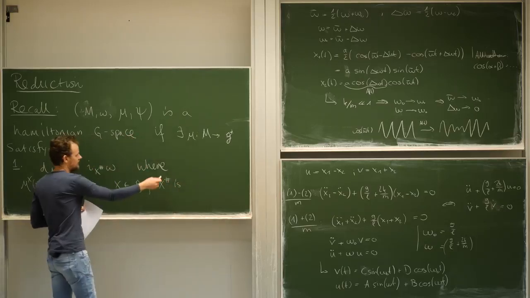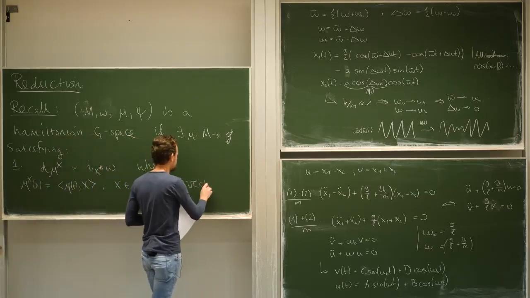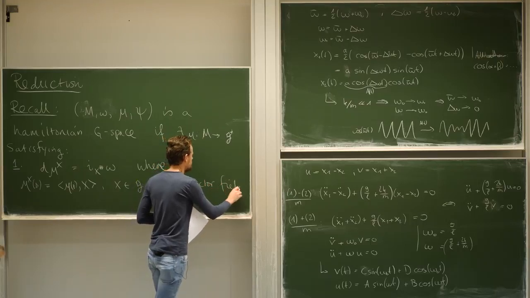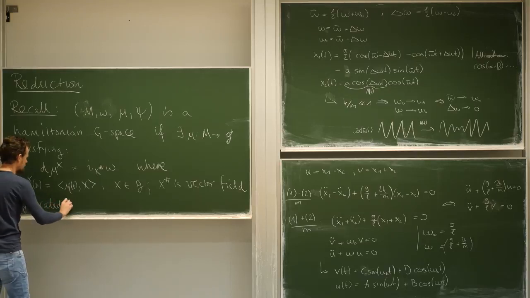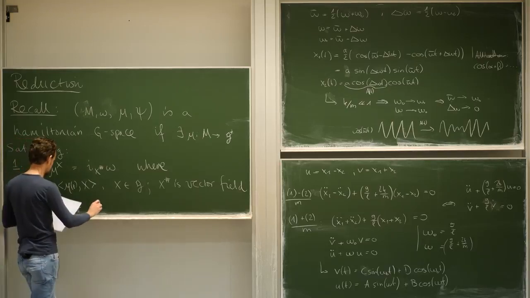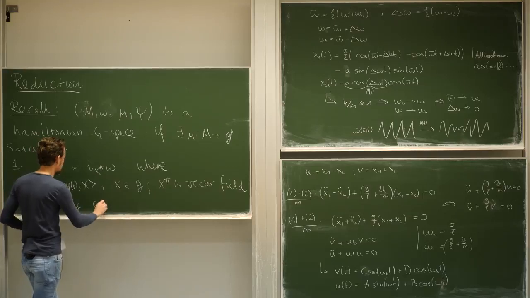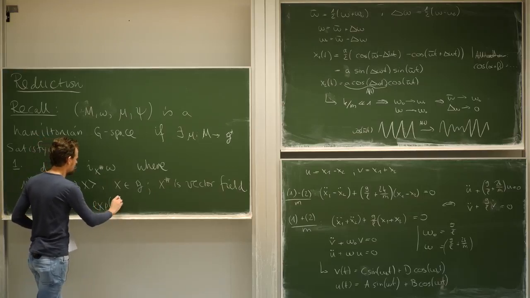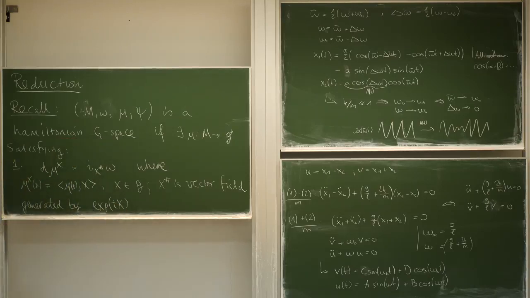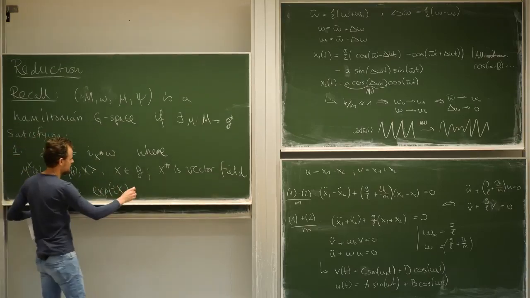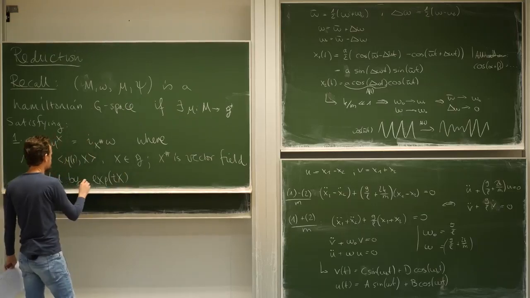And this x hash is the vector field you get when you take the action of the one parameter subgroup of the big group G acting on M.